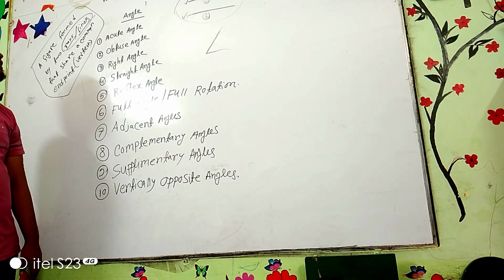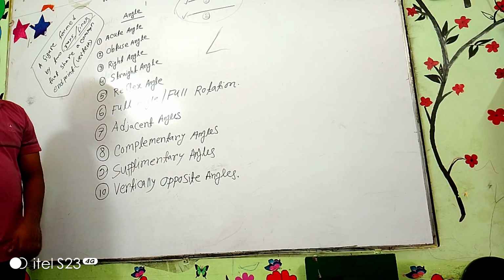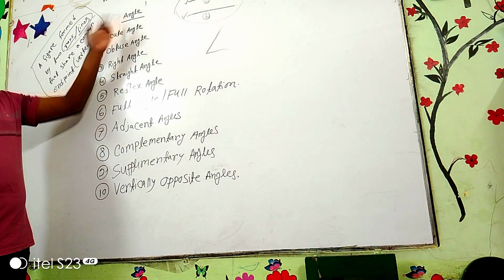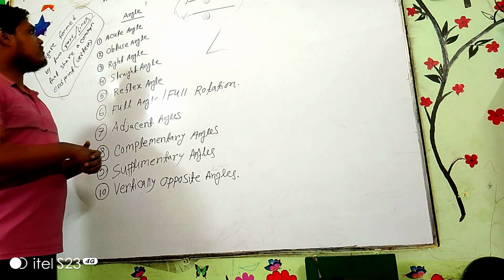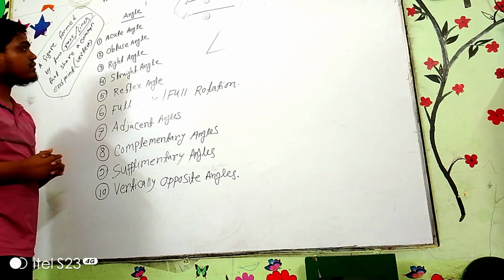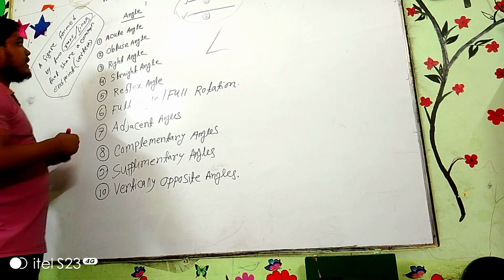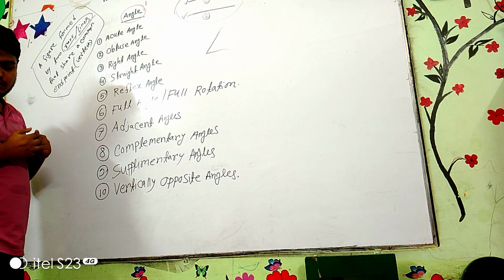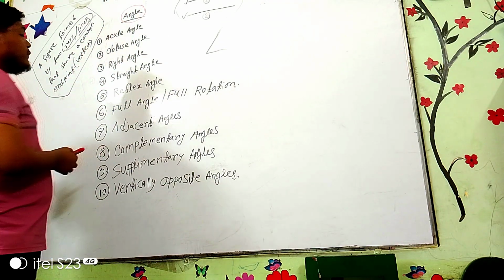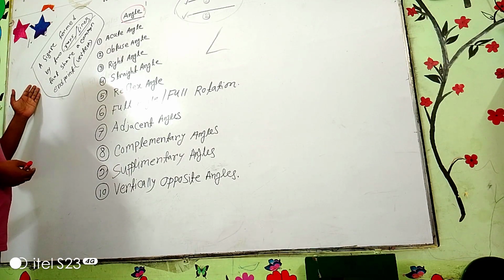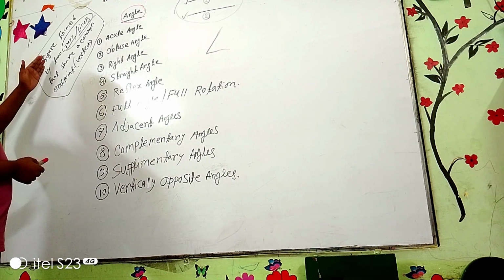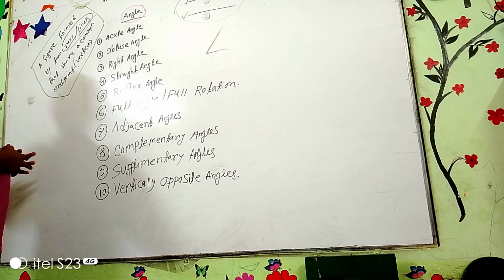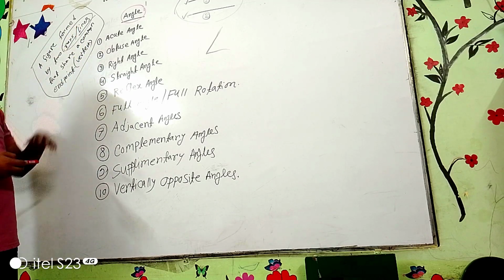Today we will talk about the fundamental topic of geometry, that is angle. So, angle. What is angle? We have to know what is angle. You can see this is the definition of angle: a figure formed by two rays or lines.